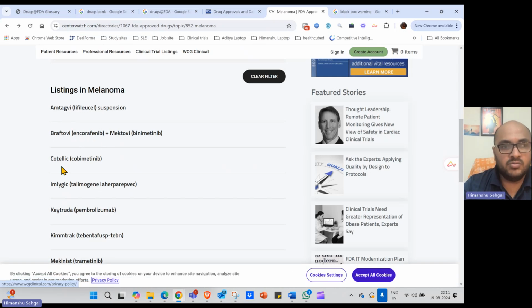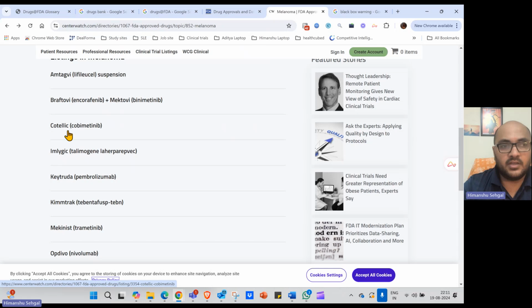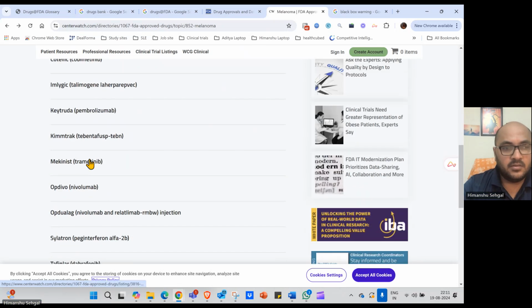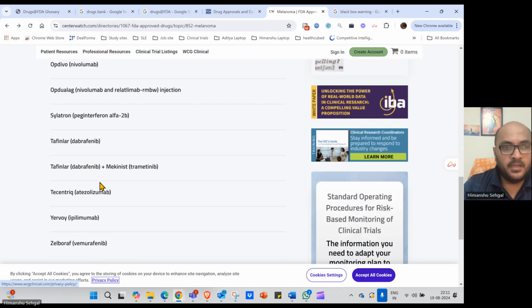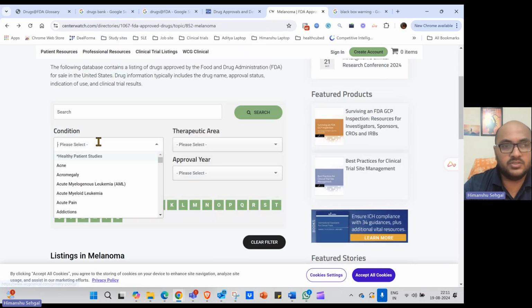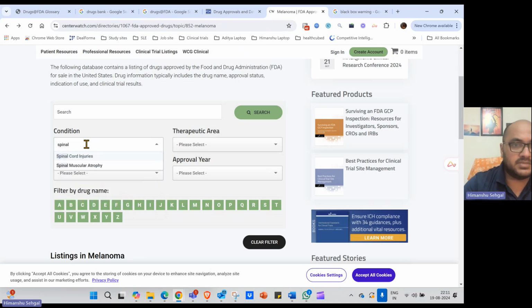Braftovi, Novartis molecule, Cotellic, Roche molecule, Keytruda, we have, see, it is here. Mekinist, Opdivo. So a lot of molecules are approved in melanoma. Let's just go for some sort of other condition. Spinal muscular atrophy.